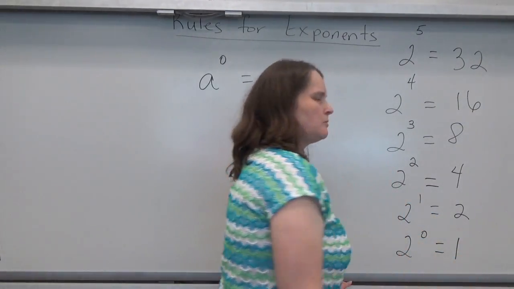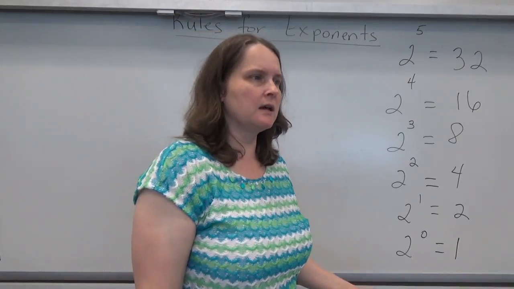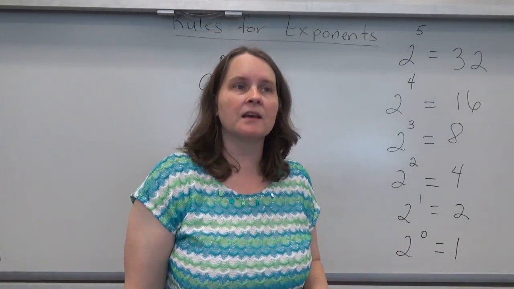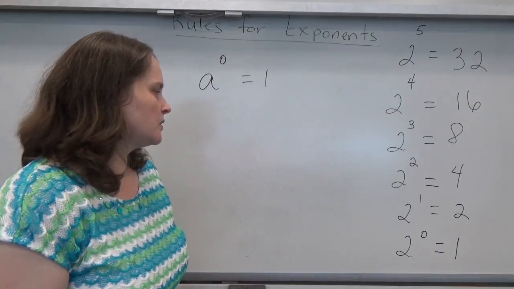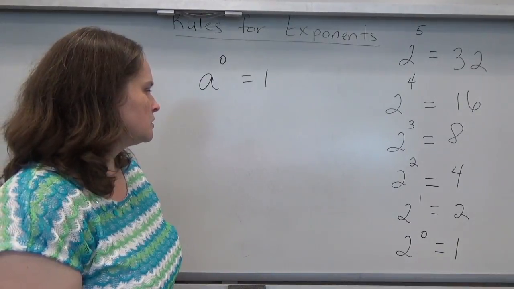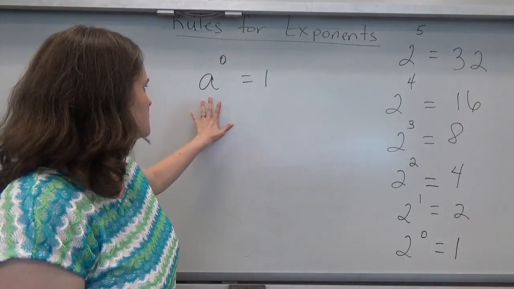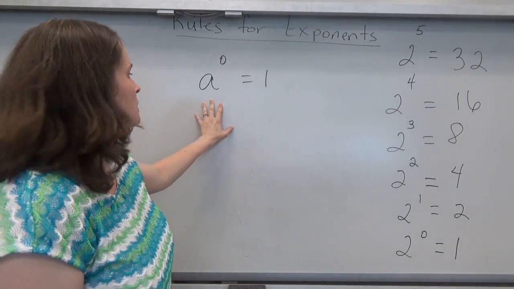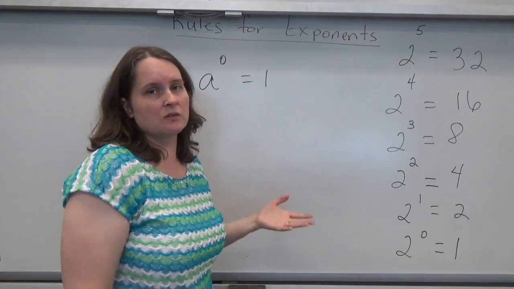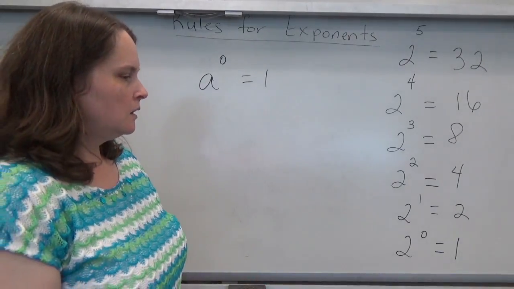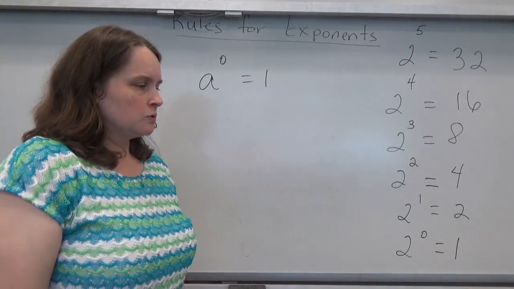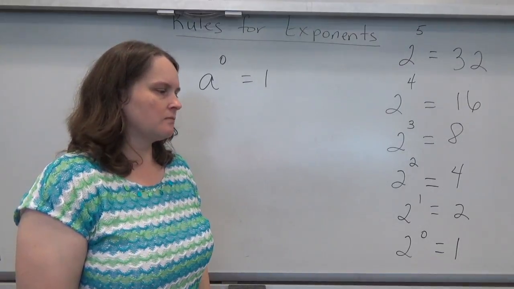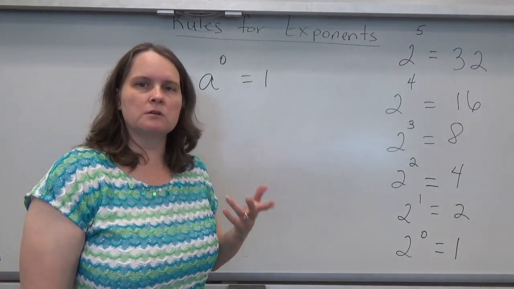So really, anytime you're raising something to the 0 power, that just means that you're dividing it by itself. So that's why it always comes out to equal 1. Forgive me, I can't remember the formal name for this rule, but anything raised to the 0 power will always equal 1.